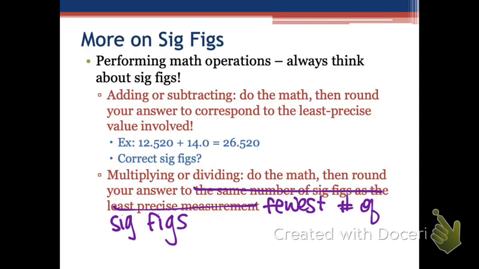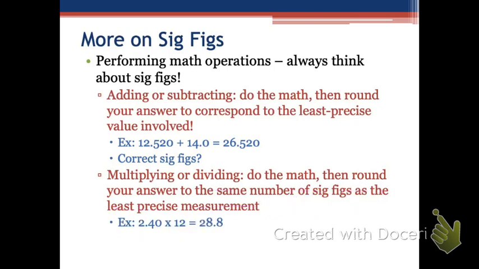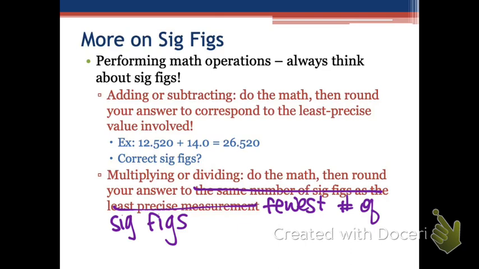Do the math, then you round your answer to the fewest number of sig figs, not decimal places. That looks like a hashtag. That means number. That's like a shorthand for number. So round it to the fewest number of significant figures.